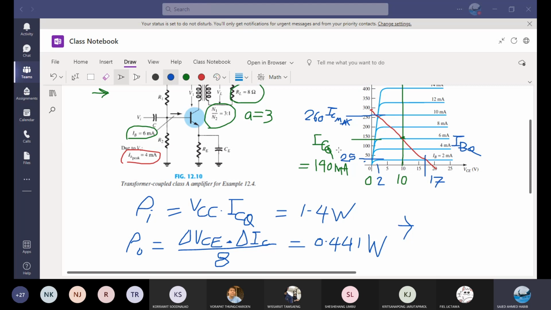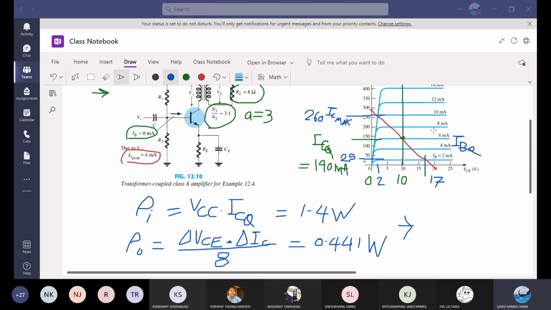No, that's not correct. There's another way without drawing the slope. There's another way of finding the AC load line. Because for a current swing, IC, you can find VCE divided by RL prime.